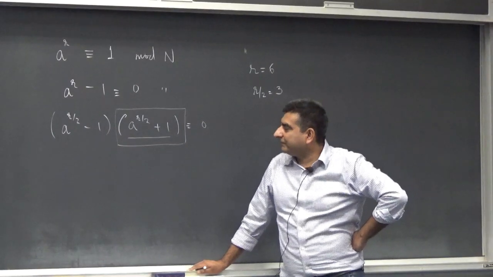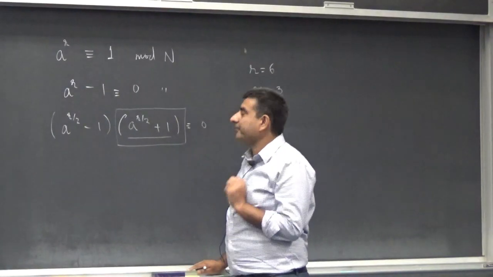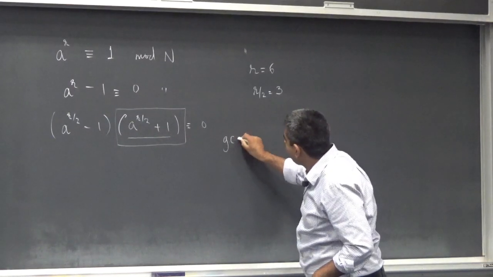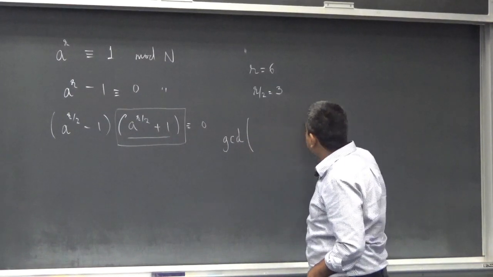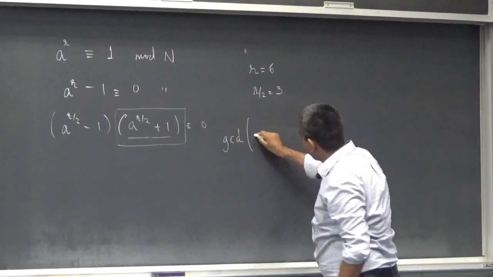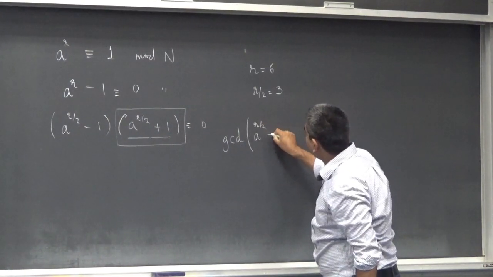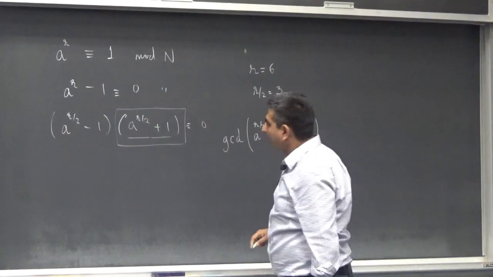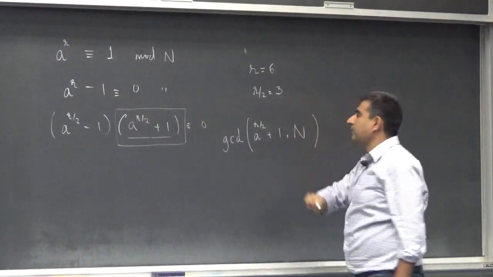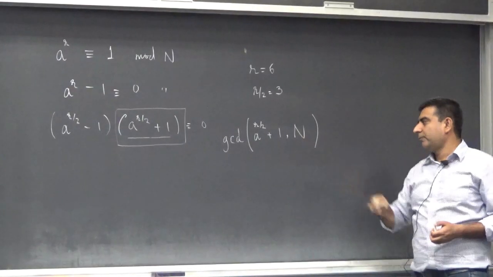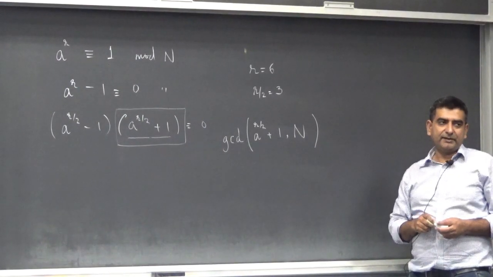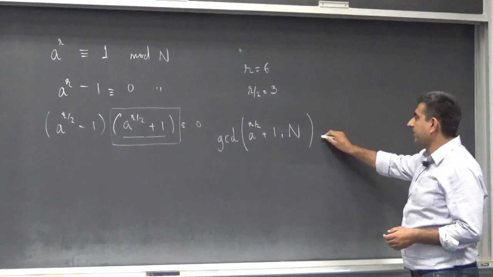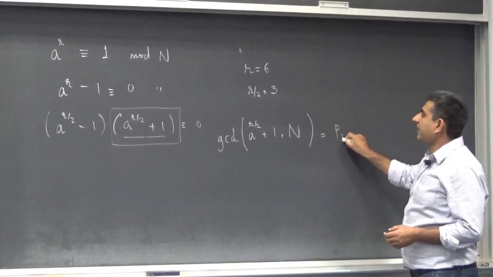And if that is the case, which is true, then I would take this number, say A^(r/2) plus 1, and find its highest common factor with the number which I wish to factorize, capital N, and this will give me one of my prime factors.